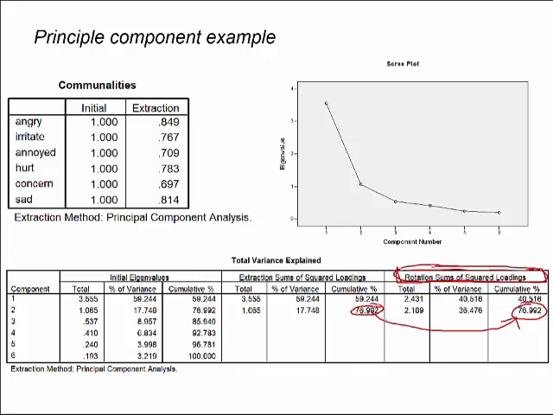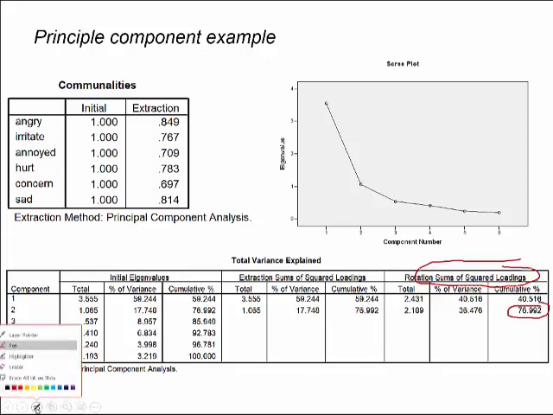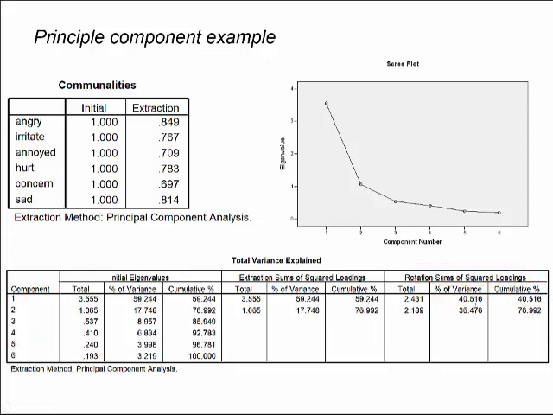Recall that if I use oblique rotation, I can't really interpret that, and it won't be the same. So because it's the same either way, this output where it says rotation sums of squares loading must be based on an orthogonal rotation because the total amount explained did not change. However, what did change was how that variance explained is distributed over my factors.